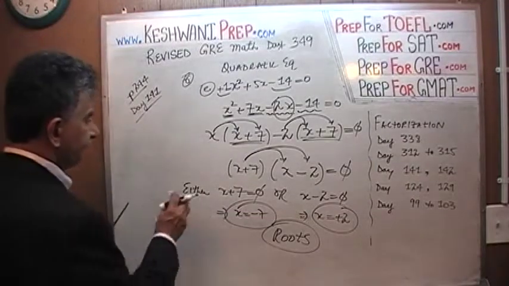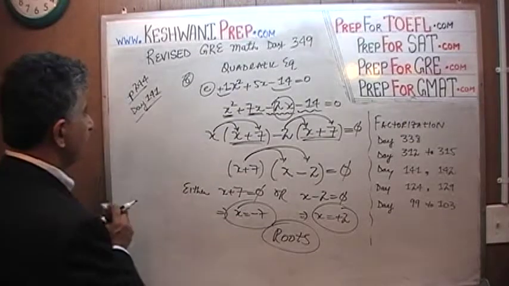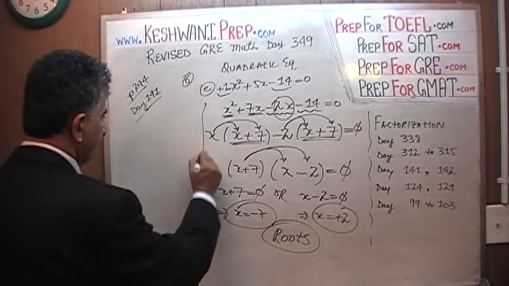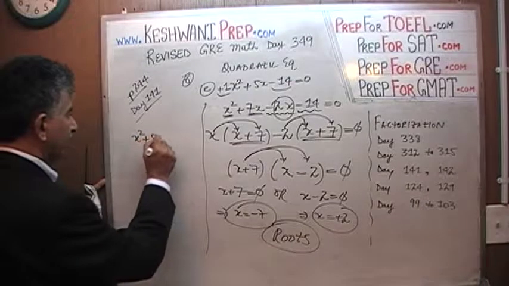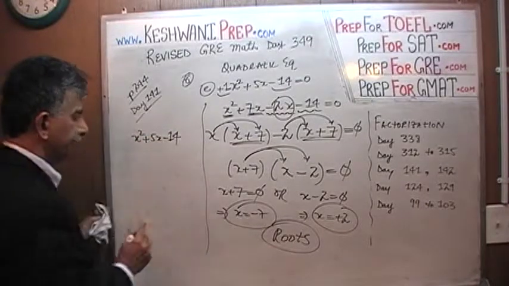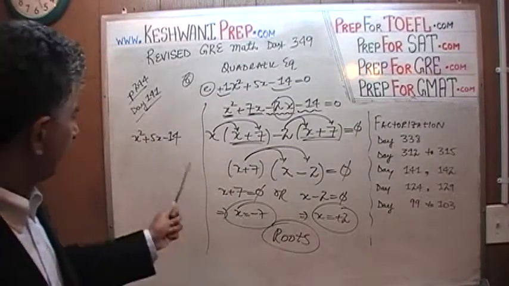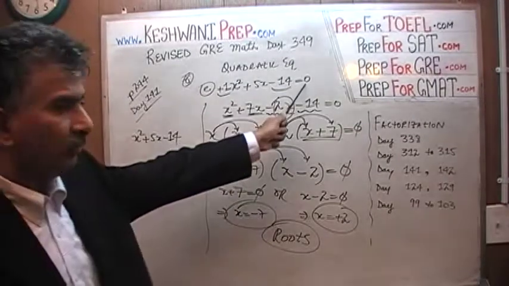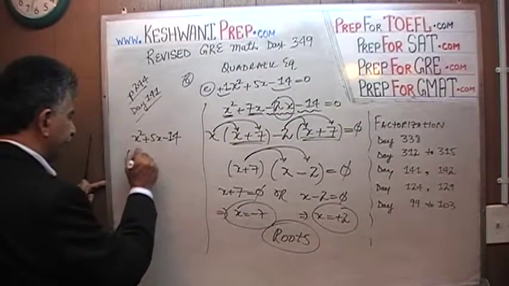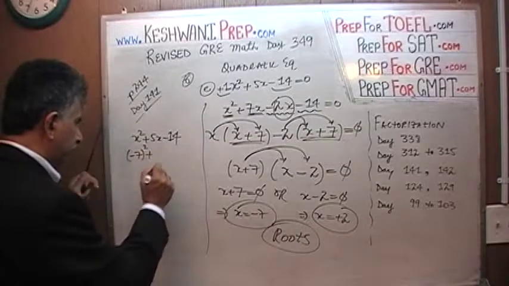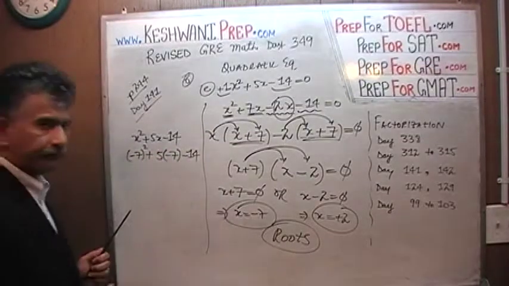Let's do it right here. First one says x squared plus 5x minus 14. When we plug in negative 7 for x here, we better get a 0. So x is equal to negative 7, so we get negative 7 squared plus 5 times negative 7, minus 14.